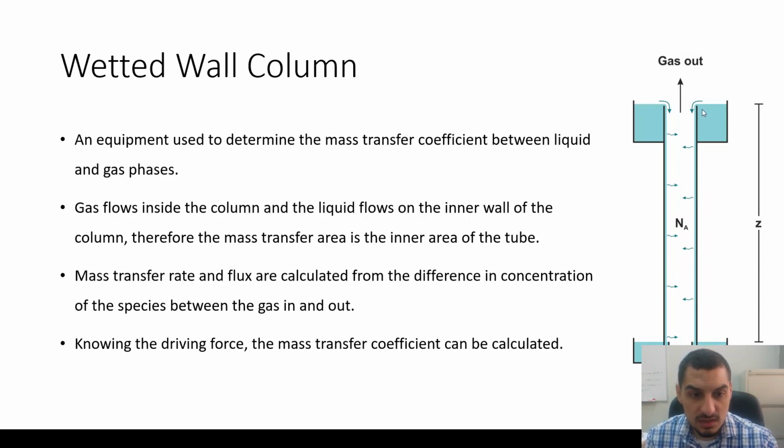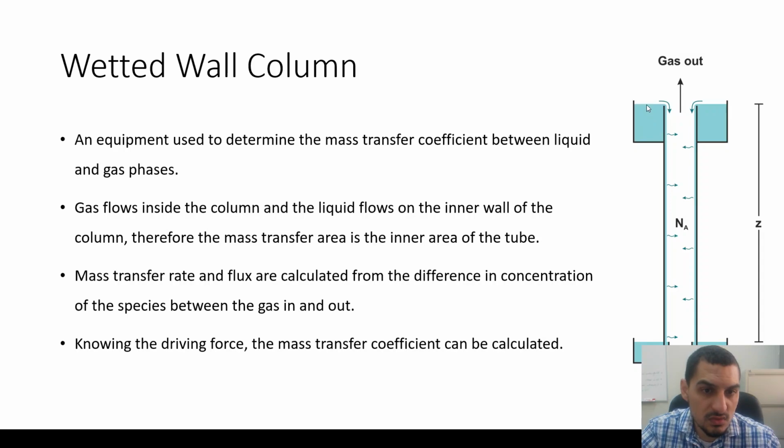It's a column that contains a reservoir at the top side. This is filled with a liquid, and this column has another reservoir at the bottom side. The fluid that is filling the reservoir on the top overflows.